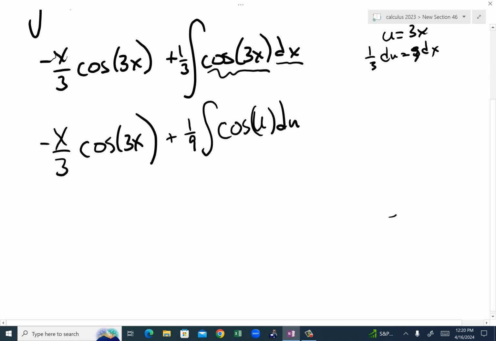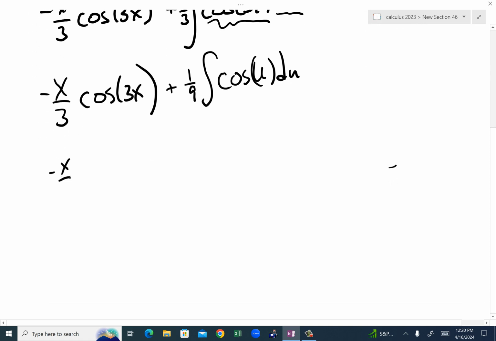And what is the antiderivative of cosine? From whence did cosine come? He cometh from sine.